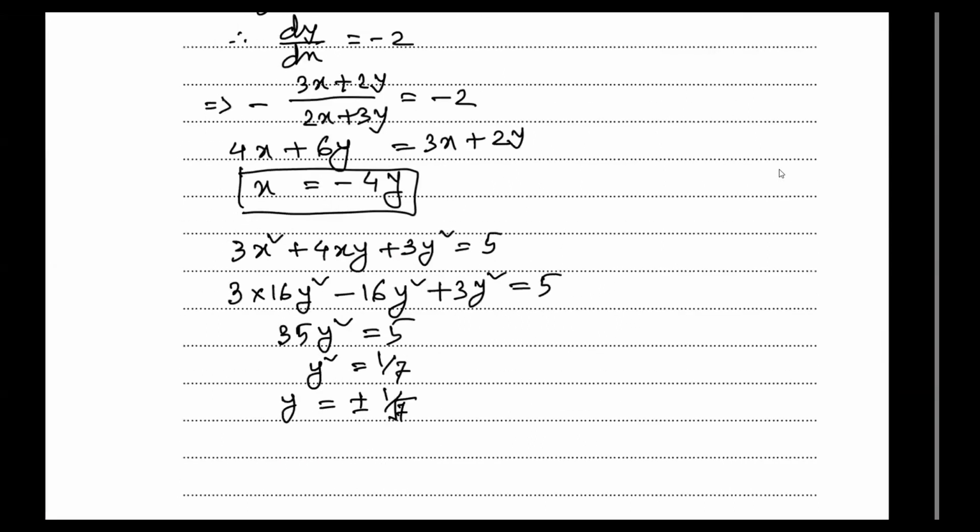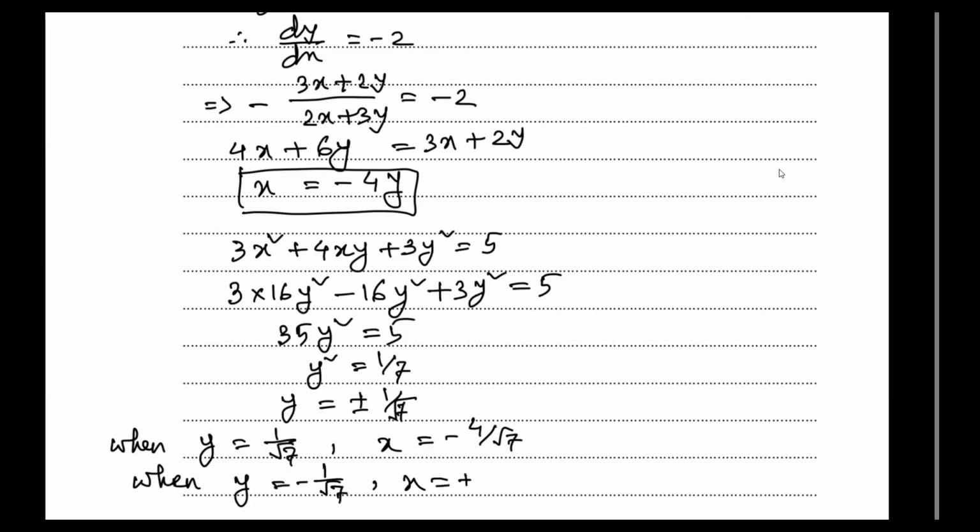Now x is, no, y is 1 by root 7. x is minus 4y. So x is minus 4 by root 7. When y is minus 1 by root 7, x is plus 4 by root 7.